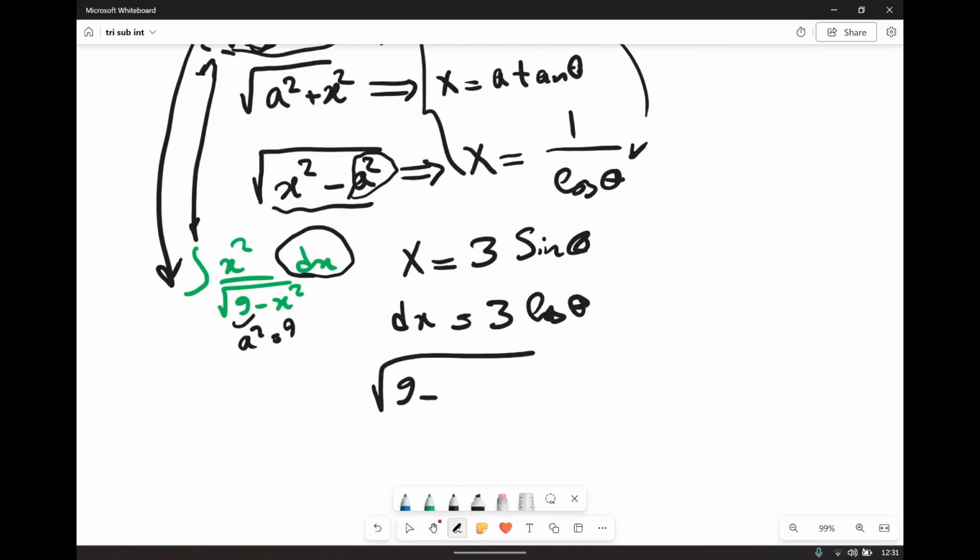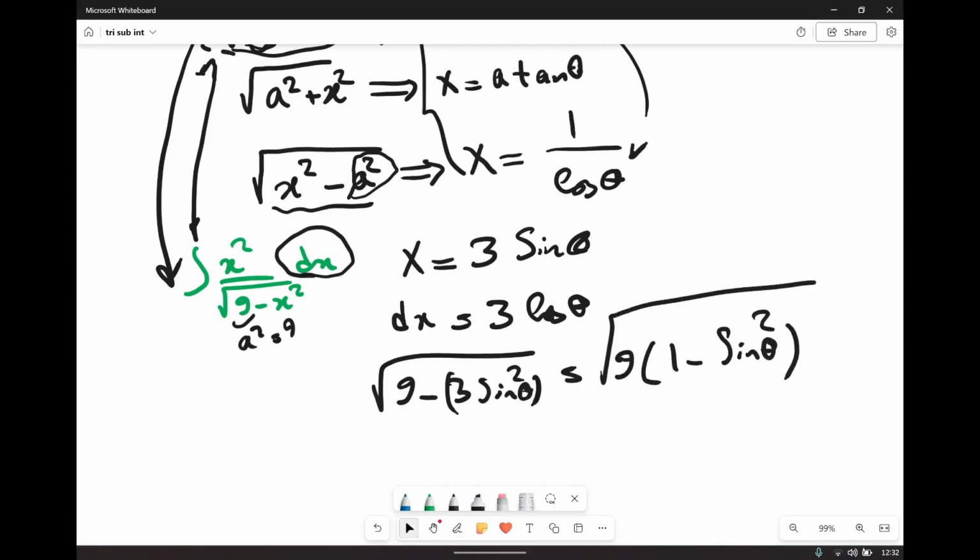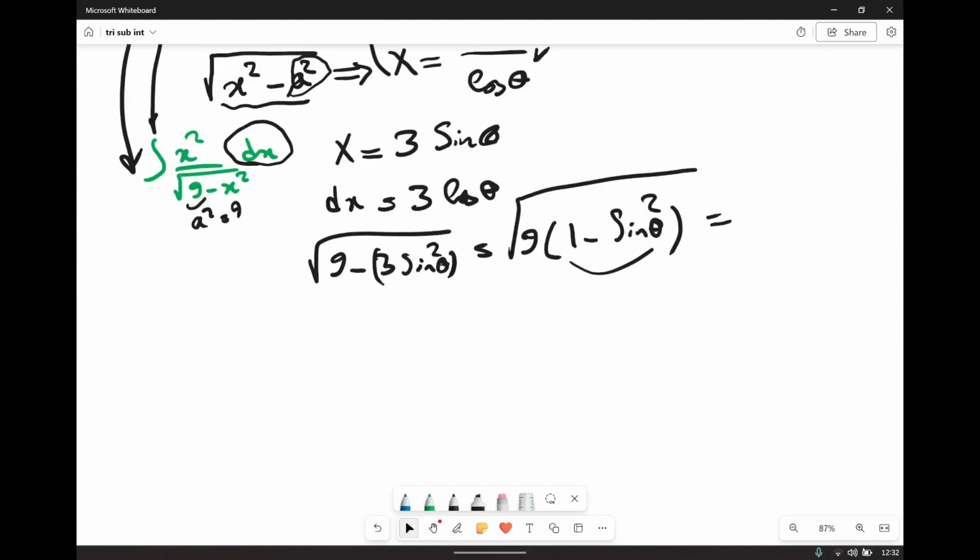9 minus 3 sine theta power 2 is exactly 9. I take a factor, 9 times 1 minus sine theta power 2 inside the radical. Am I right? By the trigonometric identity, 1 minus sine power 2 is exactly cosine theta power 2. If we take the square root, it is the absolute value of 3 cosine theta.